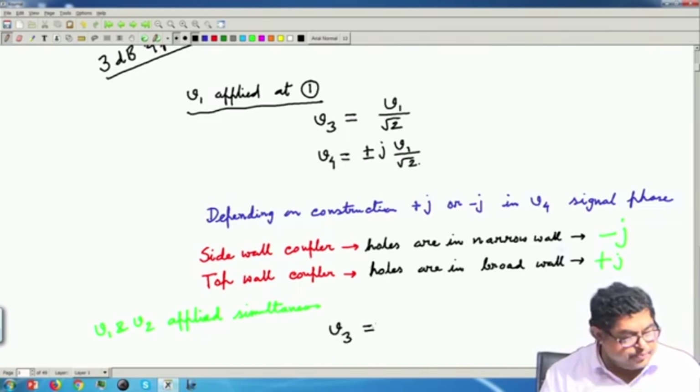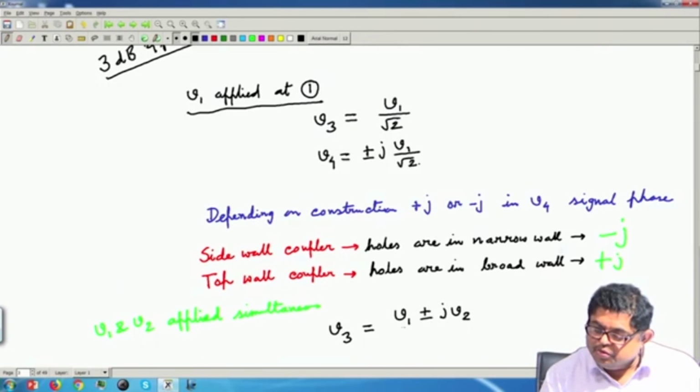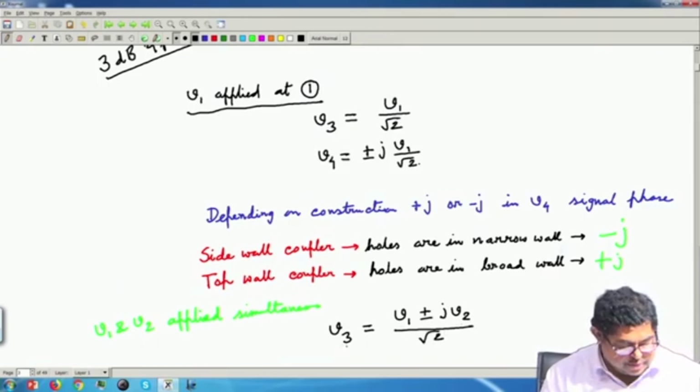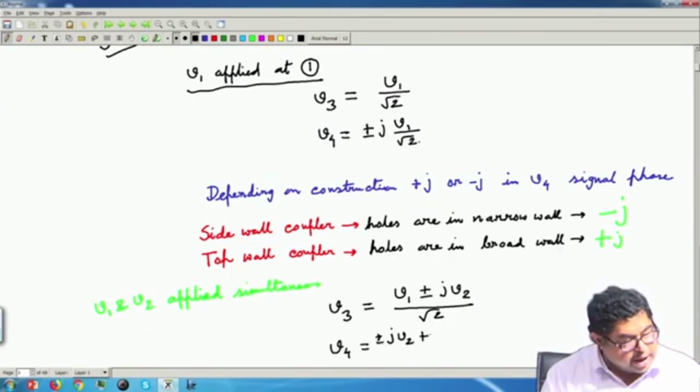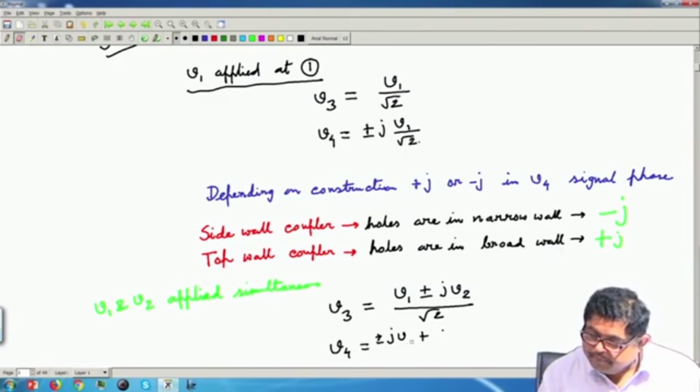V3 will be V1 plus or minus j V2 by root 2, and V4 will be plus or minus j V1 plus V2 by root 2.